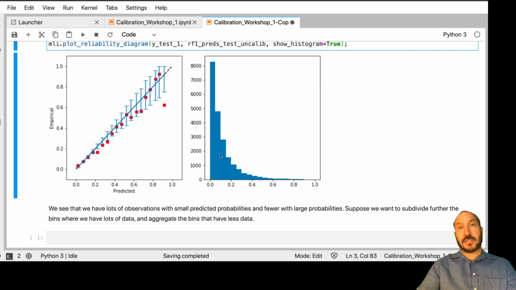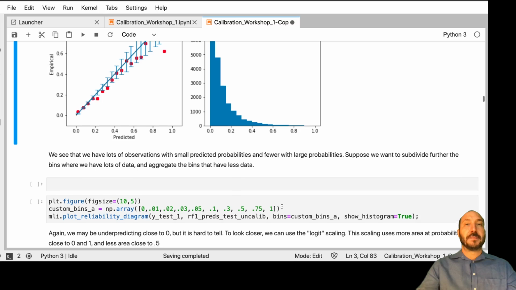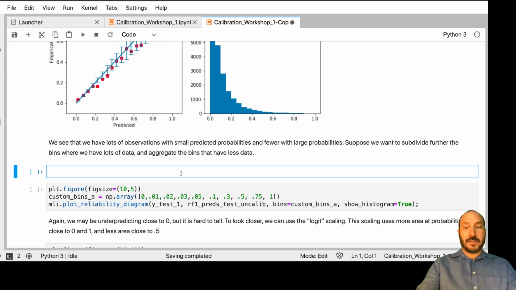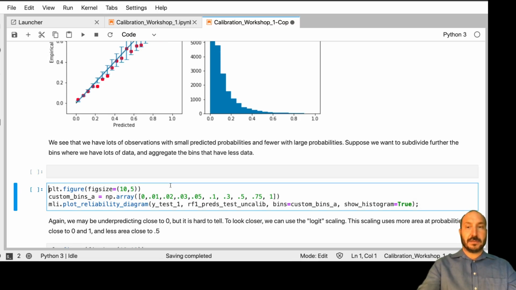Another reason why this is helpful is that when we have a lot of data, we might want to split the bin up to examine the calibration at different intervals more carefully. And when we have very little data, we might want to aggregate the bins a little more. That's what we can do with this next cell.